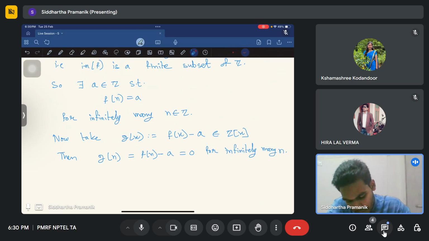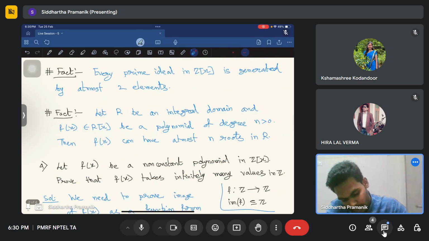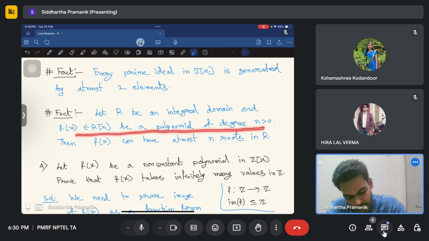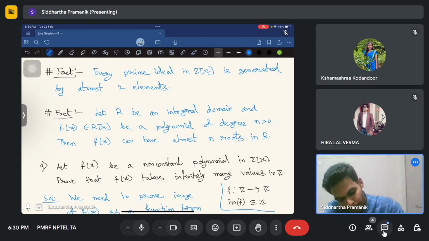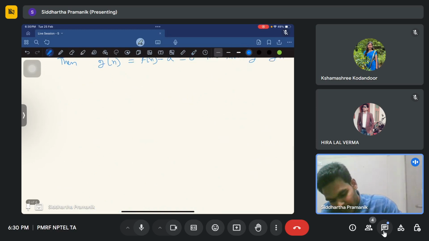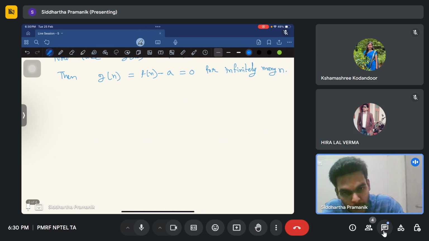So that means this polynomial g(x) has infinitely many roots. But this cannot be true, right? Because a polynomial of positive degree can have only finitely many roots. So that means this cannot be a polynomial of positive degree.